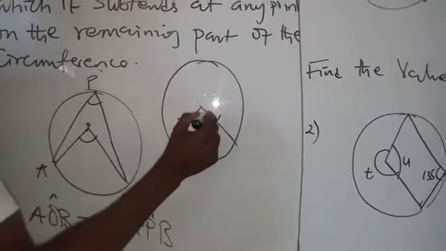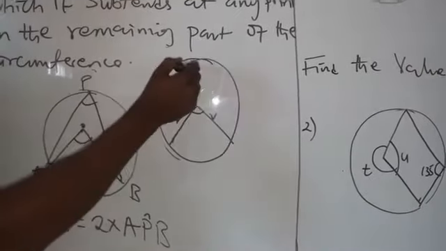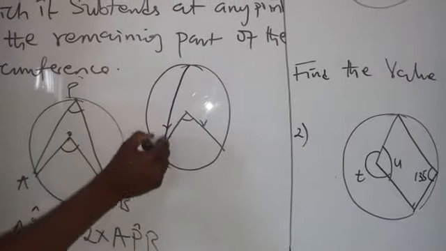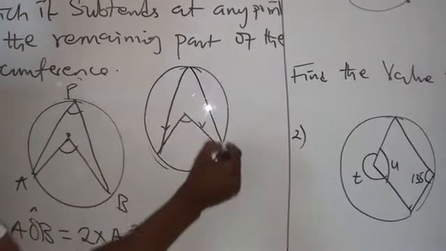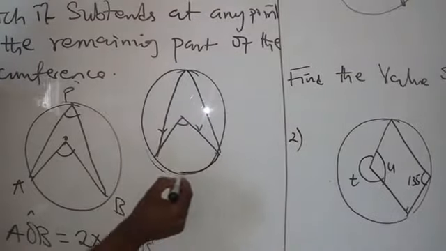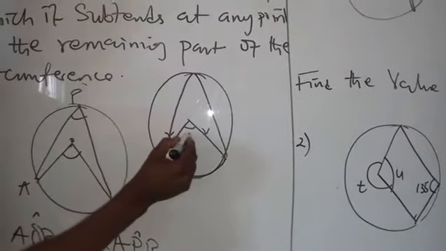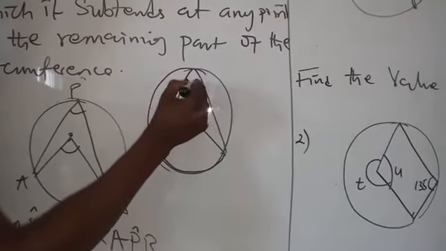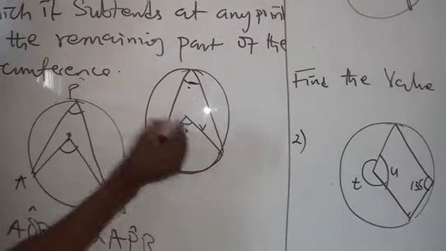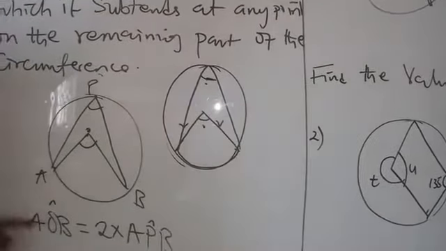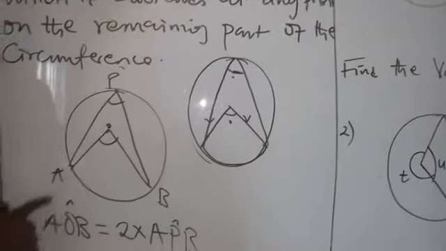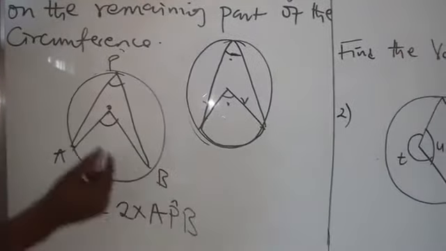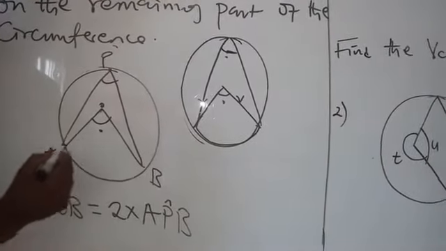Now any angle that is subtended here, if you get another angle from the same arc, this is the arc from which these two angles are coming out, when you multiply this one by 2, you will have the angle that is here. So it says AOB, which is this angle here.